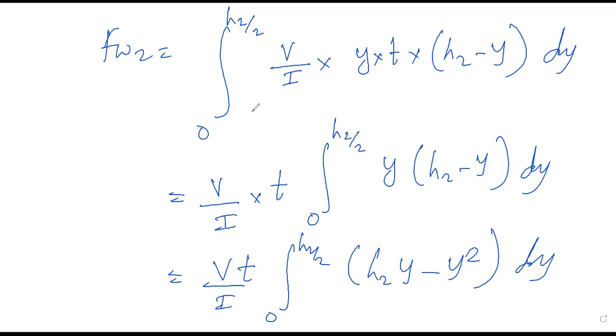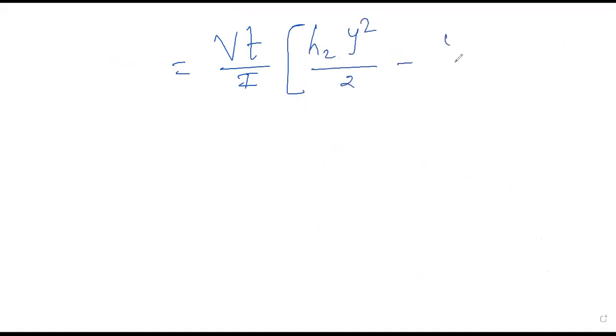Next line is equal to Vt by I, then h2 y square by 2 minus y cube by 3, from 0 to h2 by 2, which is FW2.